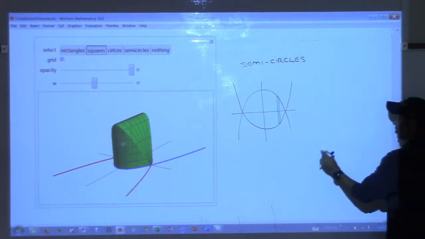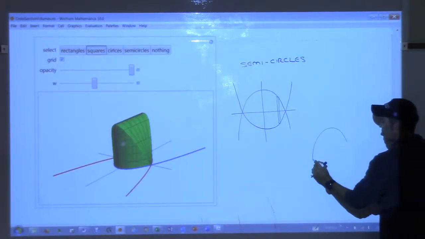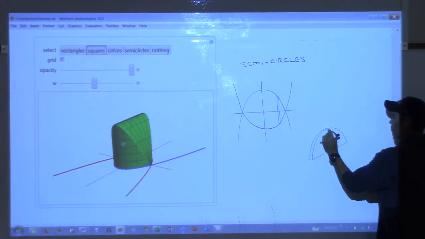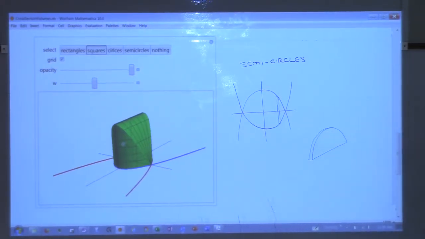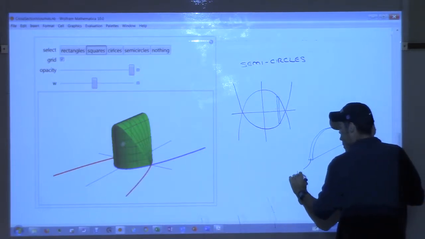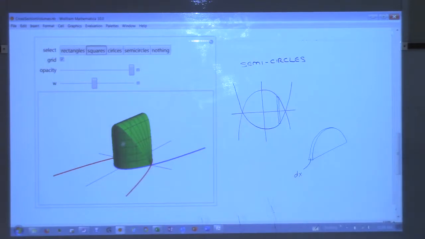So I'm going to draw it this way. Good enough? See, that's my little semicircle that has some thickness to it. And we need the volume of this. Well, the width we know, right? The width is just dx. That's not going to change.